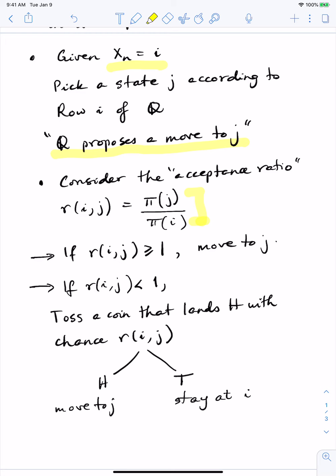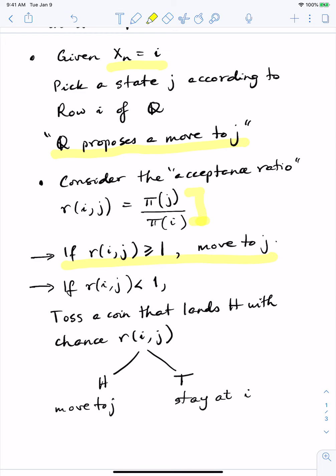And your algorithm says that if the new state has a higher score, just go there. Or even if it has an equal score, just go there. If it has a lower score, then you have a little dance to do.